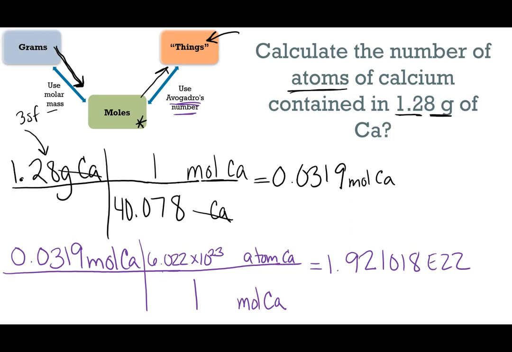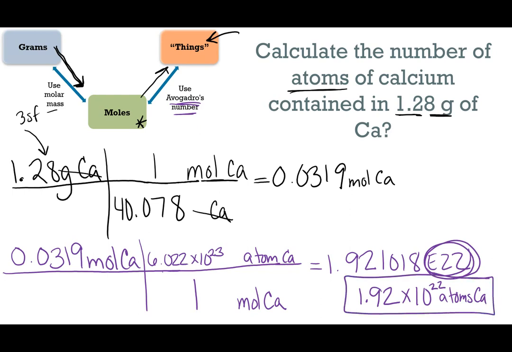So again, sig figs. 3 sig figs at the beginning, so I can only report 3 sig figs at the end. And then this E22, don't forget to add that as times 10 to the 22nd. You can write E22, that's fine, I don't mind, but just make sure you add that exponent piece. And this is atoms of calcium.